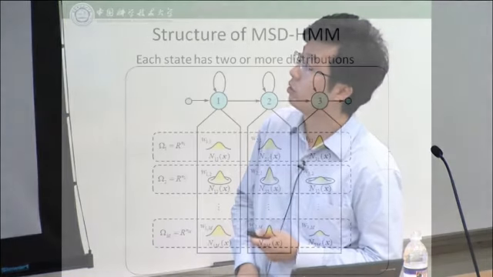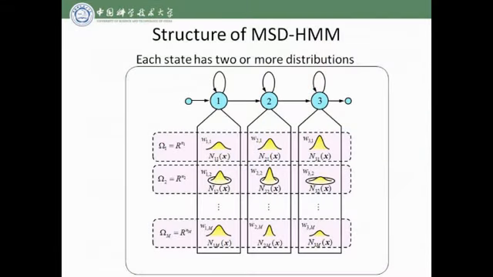And this figure shows the structure of a multi-space probability distribution hidden Markov model. We can see that each state can have two or more distributions to describe the acoustic features. It's very similar to the multi-mixture hidden Markov model, for example, using a Gaussian mixture model for each state.